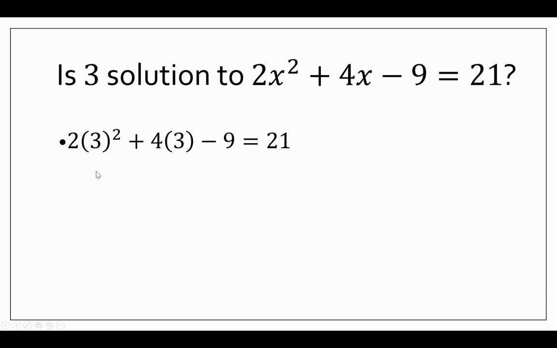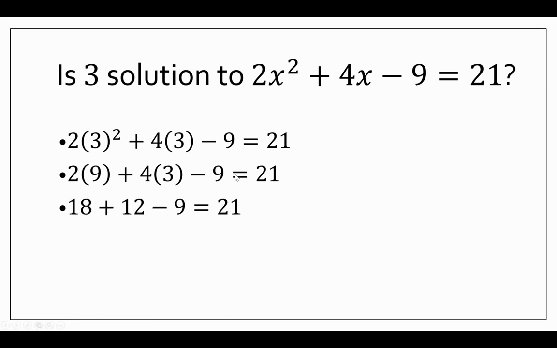We do our exponent first. So we have 2 times 9 plus 4 times 3 minus 9 equals 21. We do multiplication and division next. So we have 18 plus 12 minus 9. Is that equal to 21? It is. And so yes, 3 is a solution to this equation.